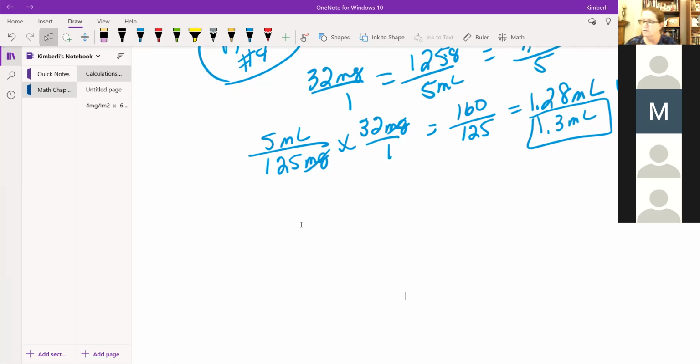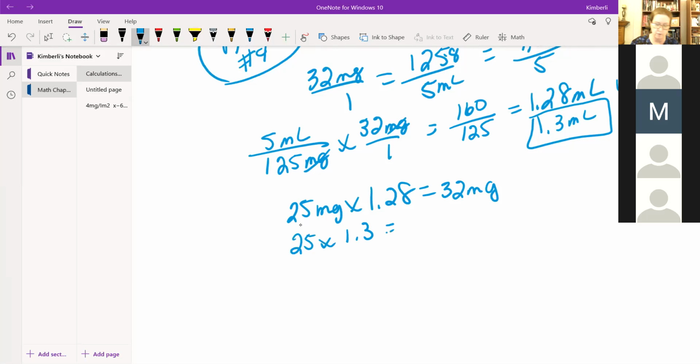Now let's look at, just carrying this a step further in our minds, because it's not in your book. What's the difference between 1.28 and 1.3 on this? So if we know it's 25 milligrams, 25 milligrams times 1.28 gives me 32 milligrams, right? So 25 times 1.3 is going to give me a little bit more.